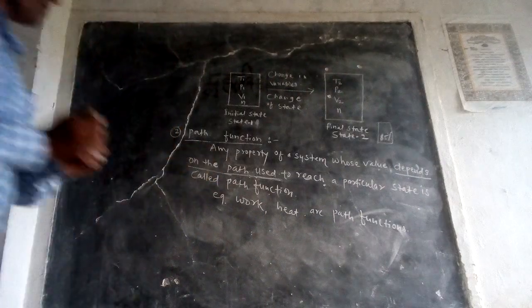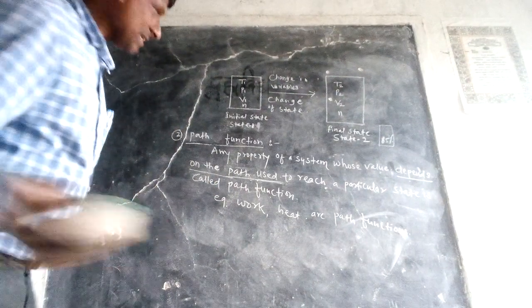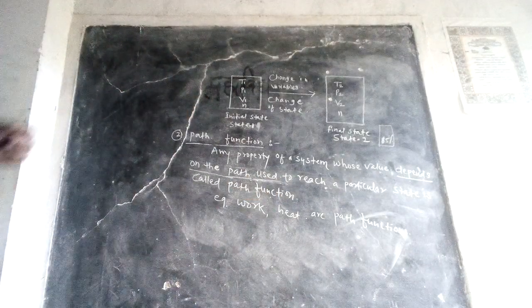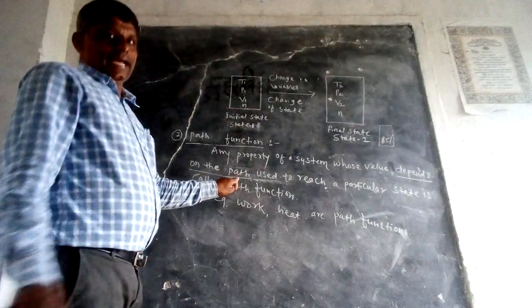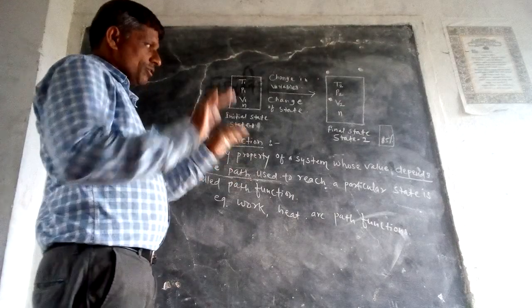Depends on the path. This is the important word in this definition. A property whose value depends on the path, and not on the state.